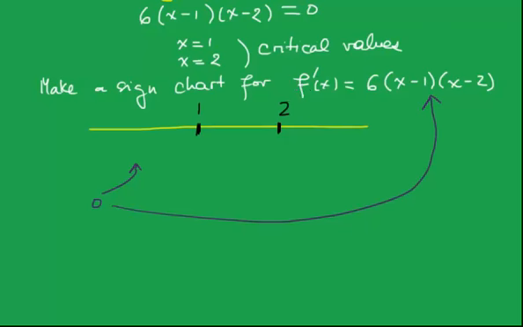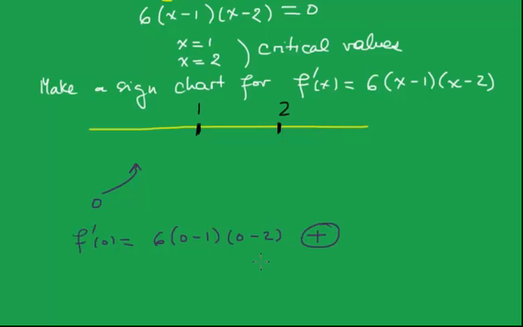So f prime of 0 is going to give you 6 times (0 minus 1) times (0 minus 2). Negative 1 times negative 2 is positive, and times 6 is positive. So this gives you a positive number, because what's interesting here is just the sign.